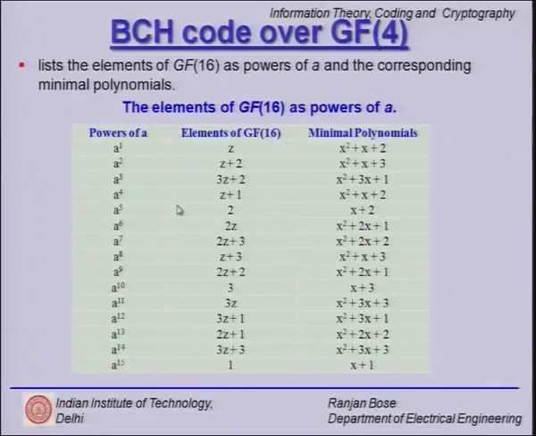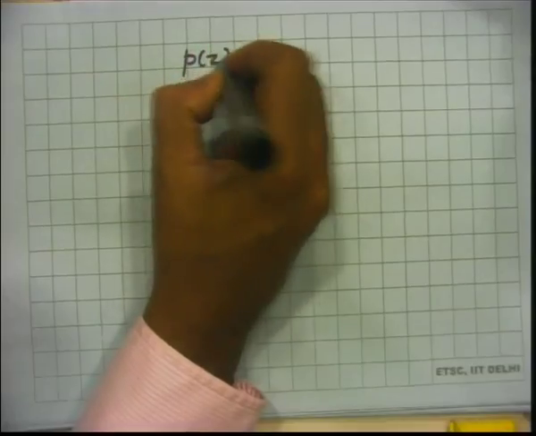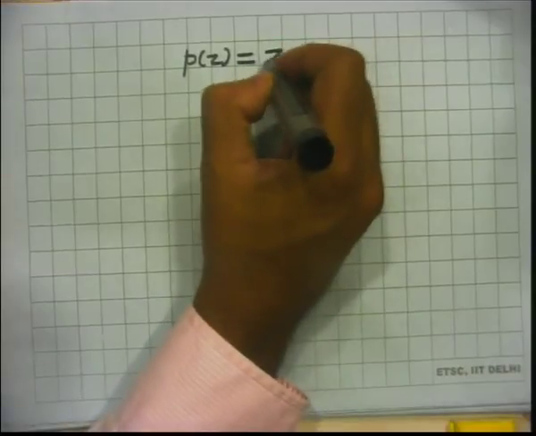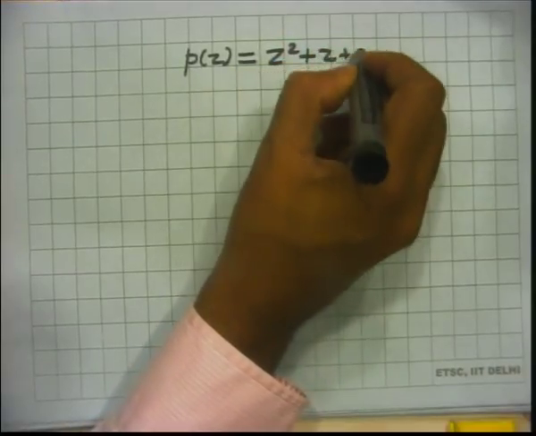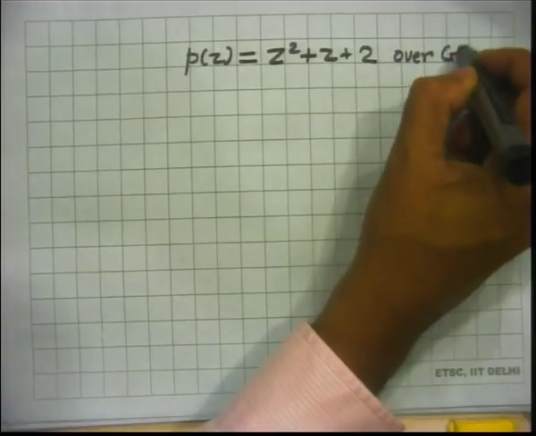So, we do the same exercise, but this time we have the elements of GF16 constructed modulo p(z), z squared plus z plus 2. Let us go back to our drawing board, and we have this time p(z) equal to z squared plus z plus 2, and note it is over GF4.